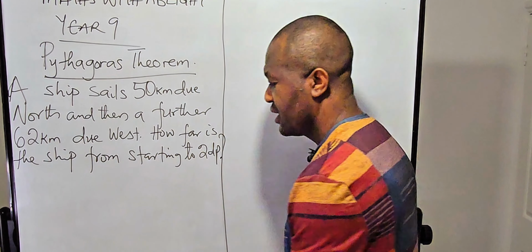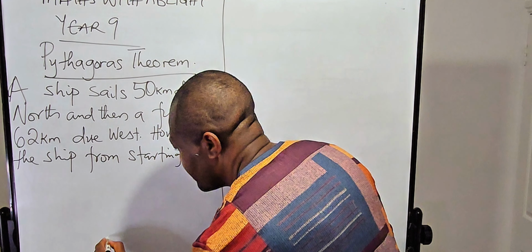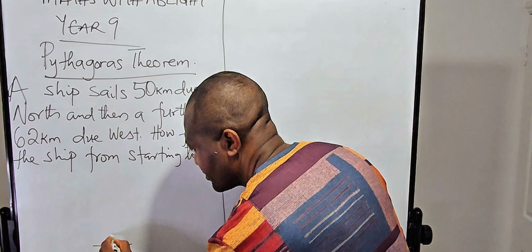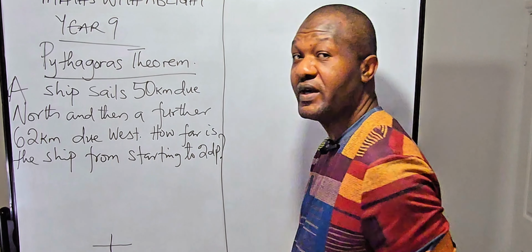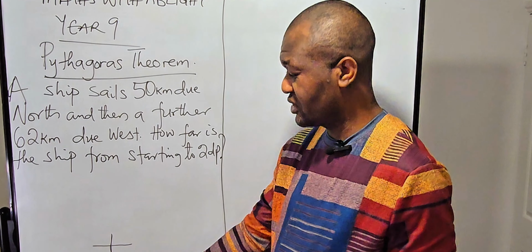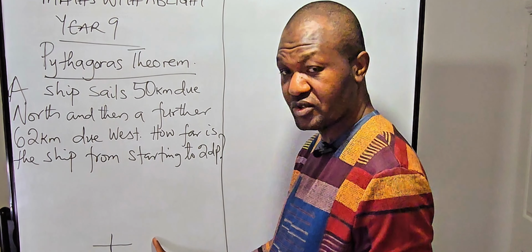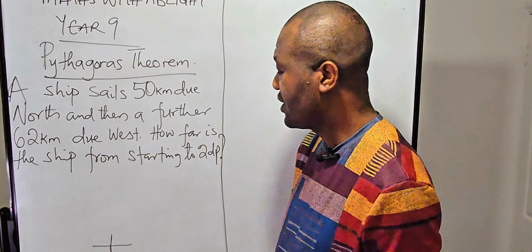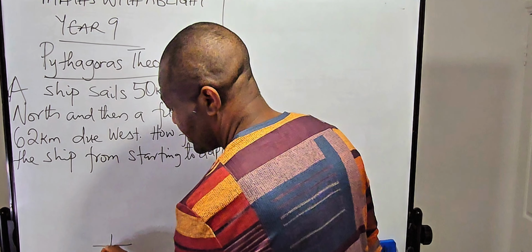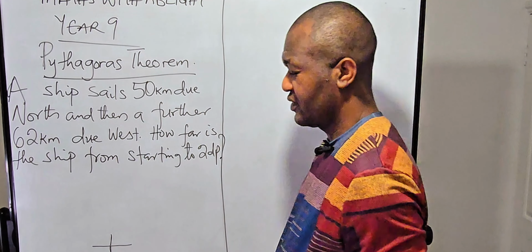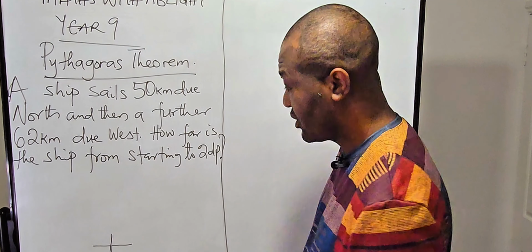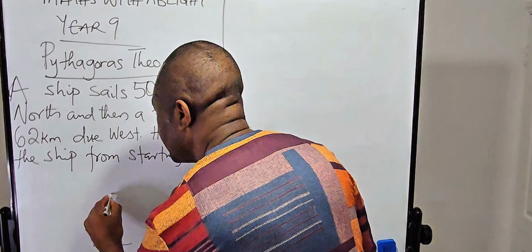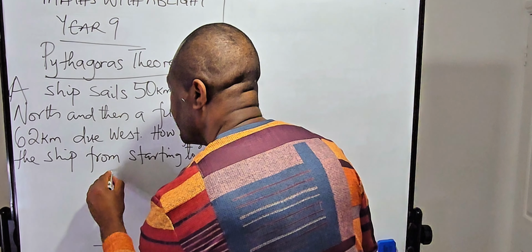Very simple. You are going to start from here, for instance, and draw your four cardinal points. Already you know that north is up, south down, east to the right, west to the left. Now, if you say this is your starting point, you draw the line upward to this point.